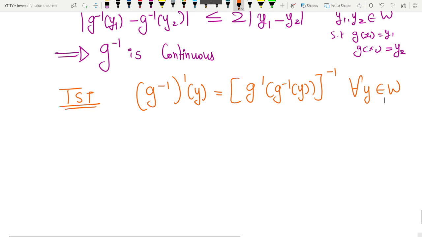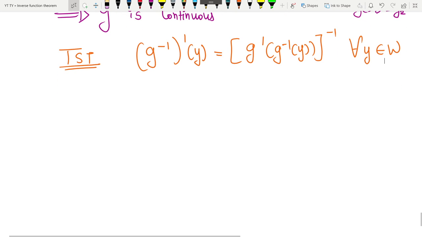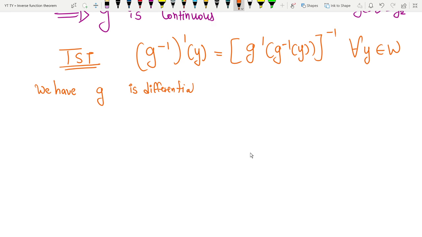Now to prove this, we will use that my G, which was the composition of L inverse and F, is differentiable. We know that G is differentiable for sure. So it must be differentiable at all points, as L inverse and F are differentiable at all points.